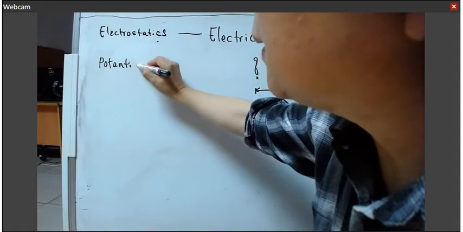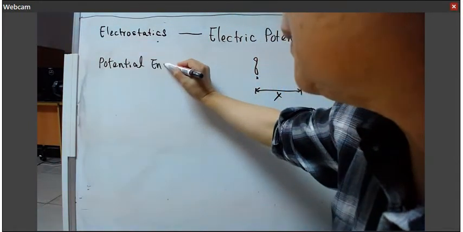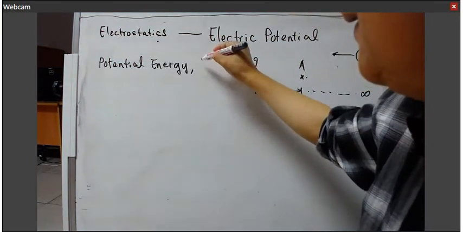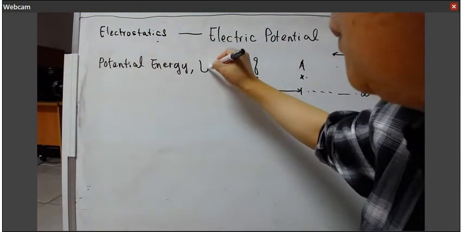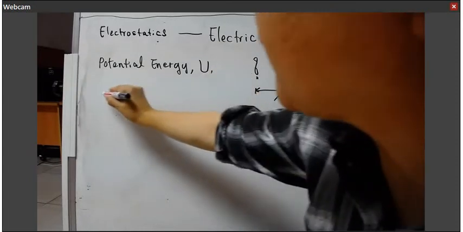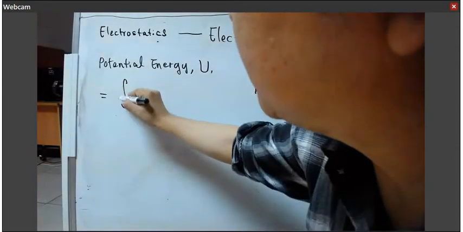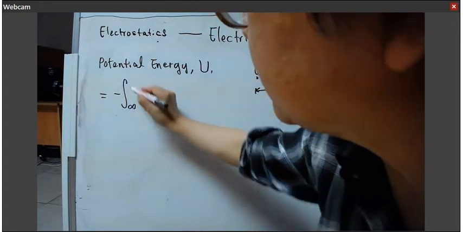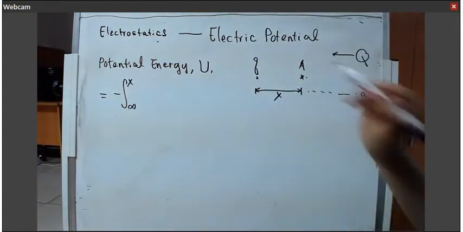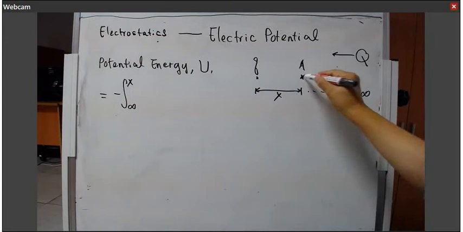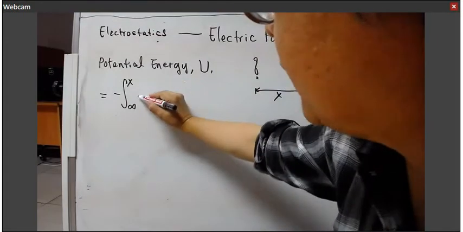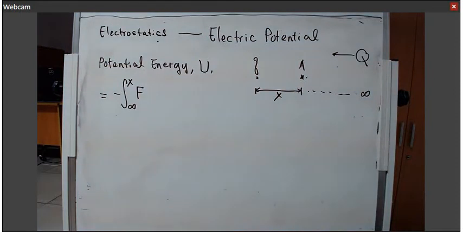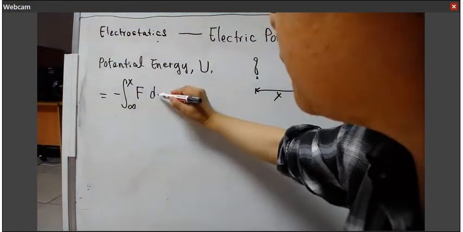Potential energy is given by the symbol U. It is given by the formula minus the integral from infinity to x, where x is where point A is, of the Coulomb force dl.